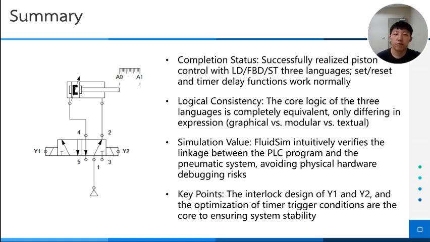Third, simulation value. Flow-theme is easy to see. It checks if the PLC program and pneumatic system work together. It avoids problems when testing real hardware. Fourth, key points. The interlock of Y1 and Y2 and the good setting of the timer's trigger condition are crucial. They stop wrong actions and equipment damage.